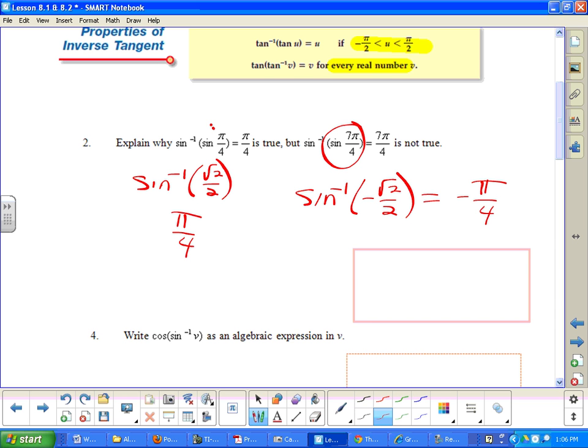So that's why this is not true, because 7 pi over 4 is not between negative pi over 2 and pi over 2. And actually, you could say that right away.